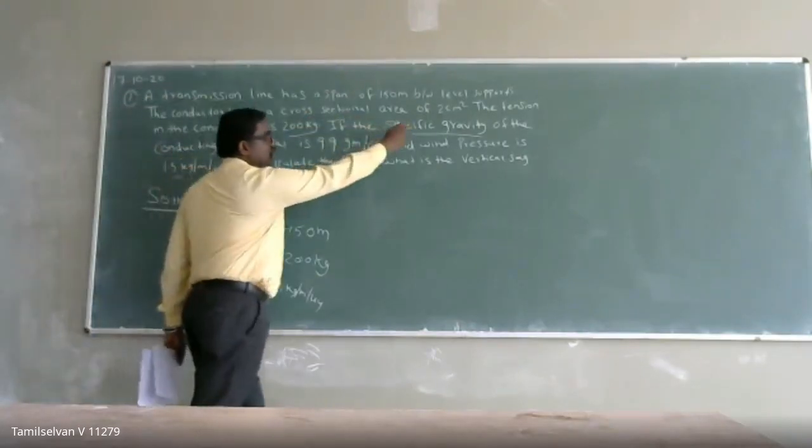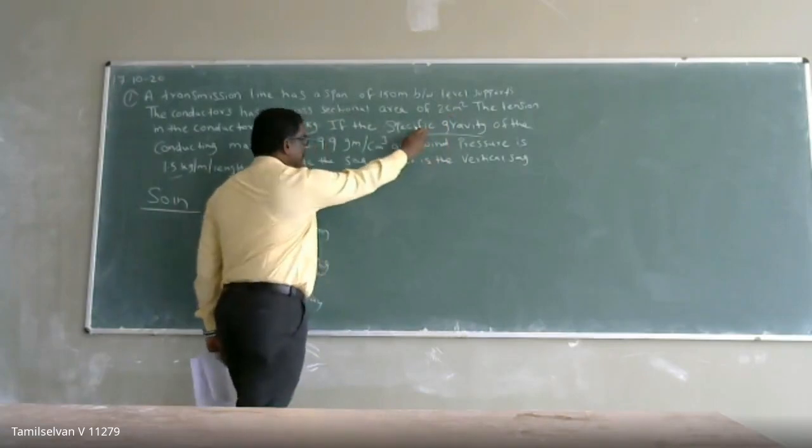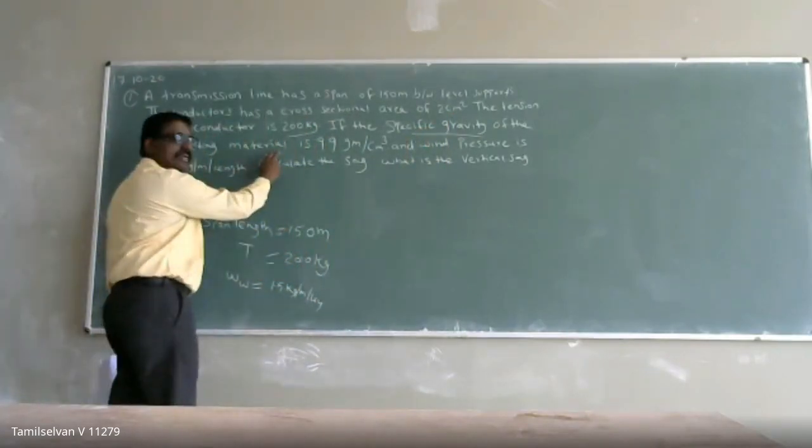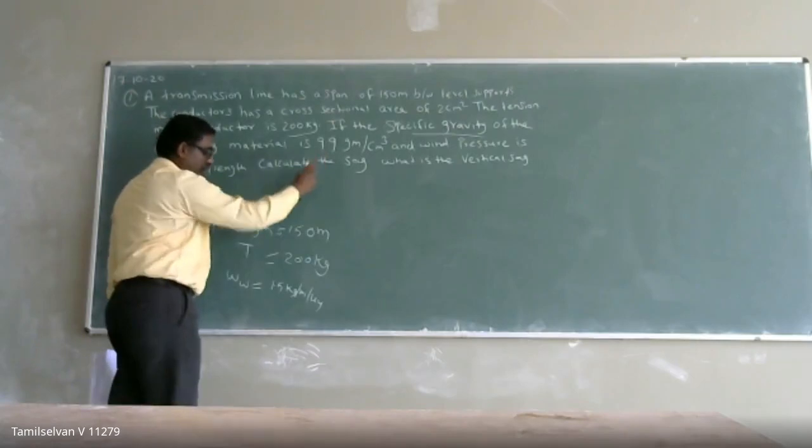Cross section area, 2, specific gravity, 9. Okay.